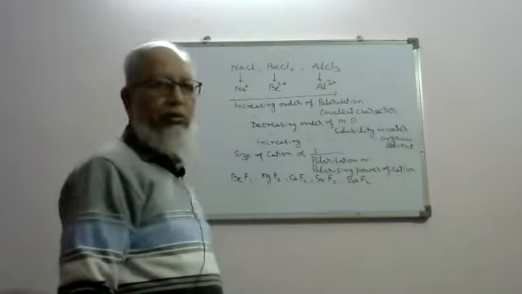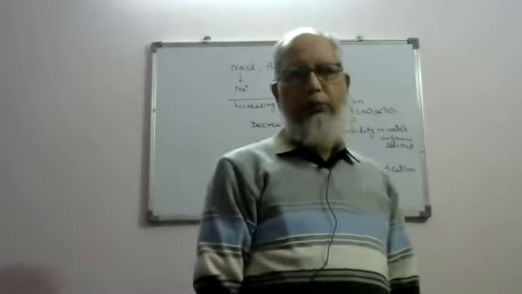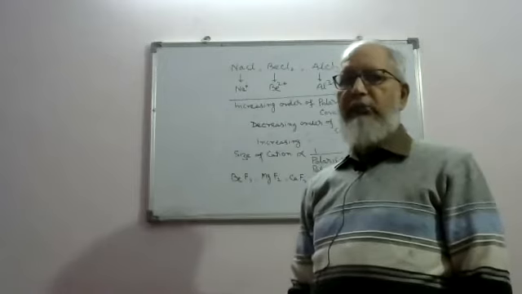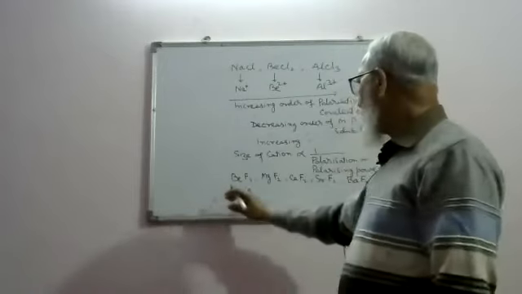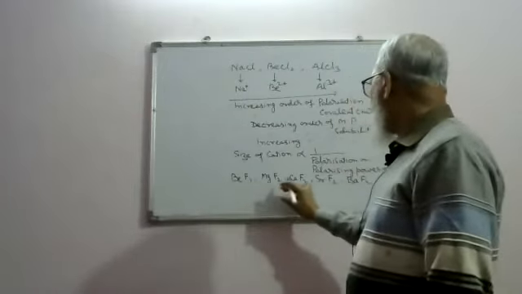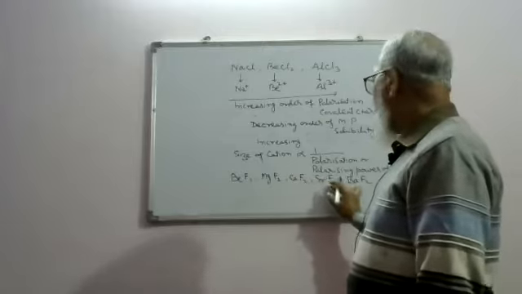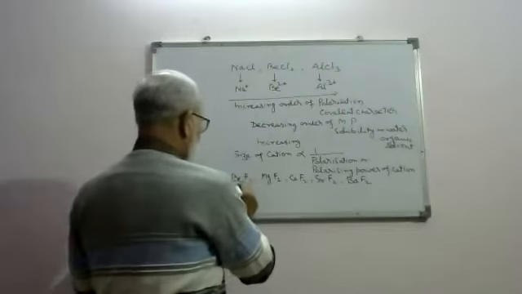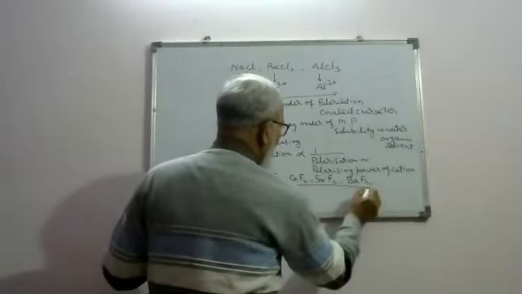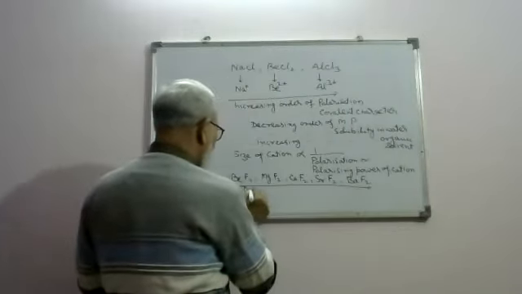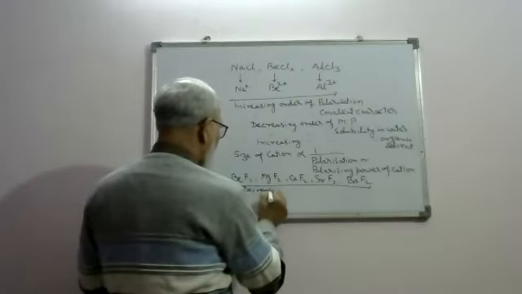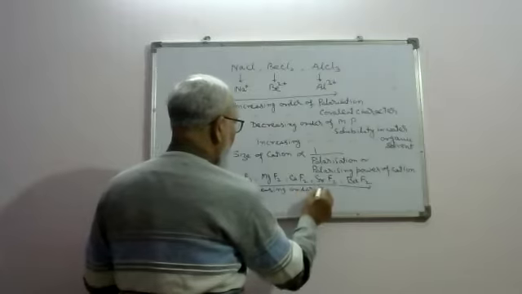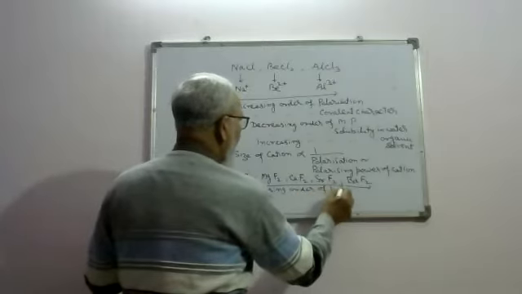Then, as we know that in a particular group, as we go down the group, the size of the atom as well as the ion increases. Beryllium, magnesium, calcium, strontium, and barium all belong to the same group. So this will be your decreasing order of polarization.